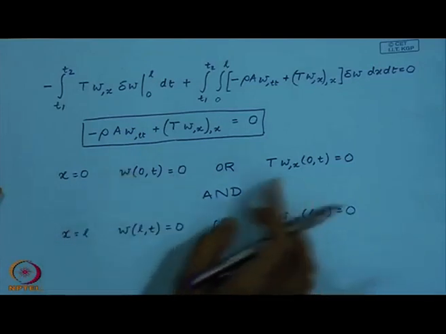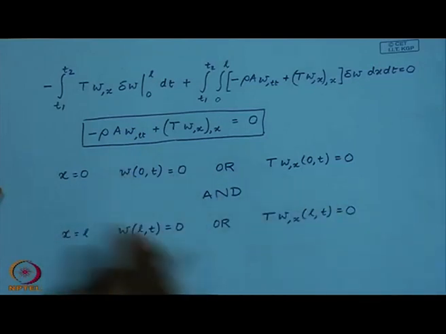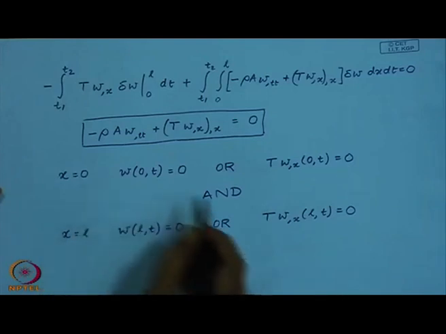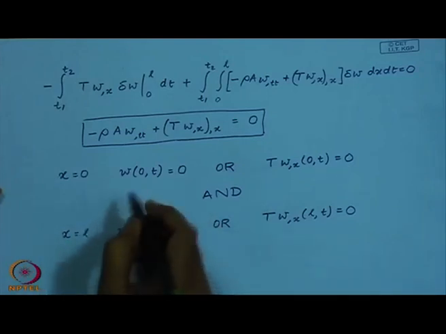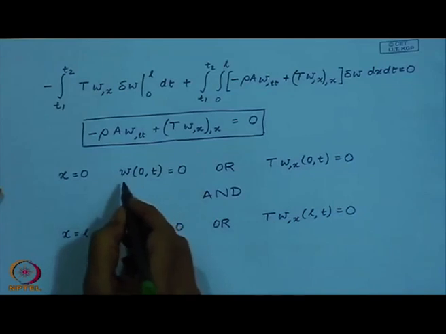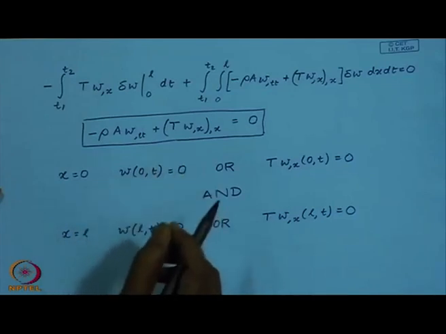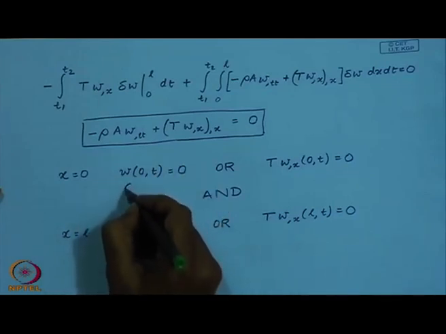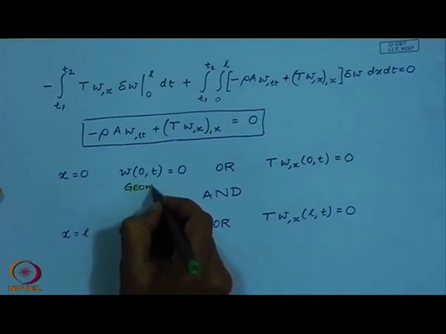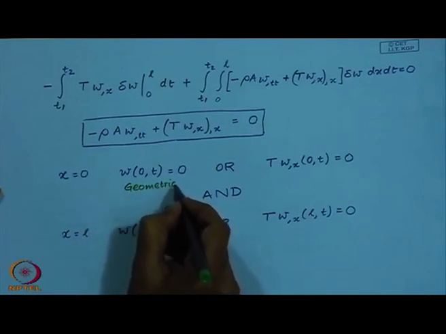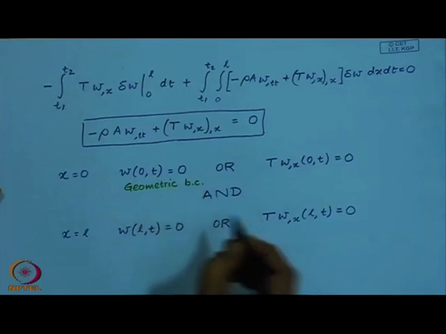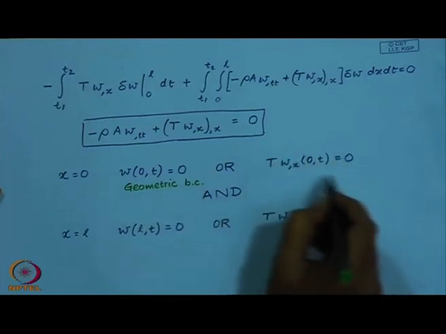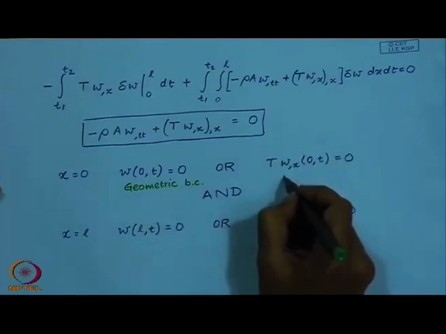So, various combinations are possible at the two boundaries, and you can now easily recognize that this condition on 0 displacement, which is like a fixed end, is a geometric boundary condition, whereas this is a force condition.